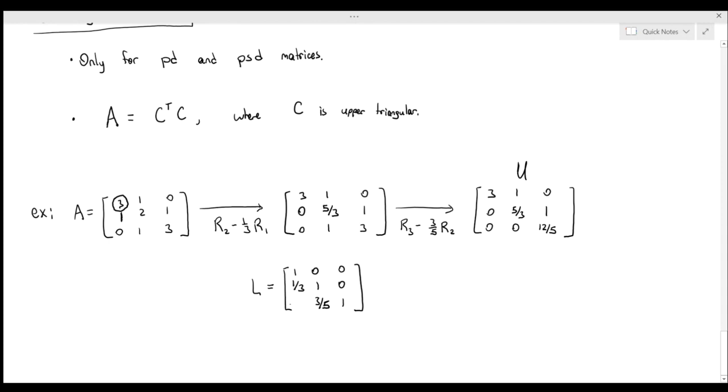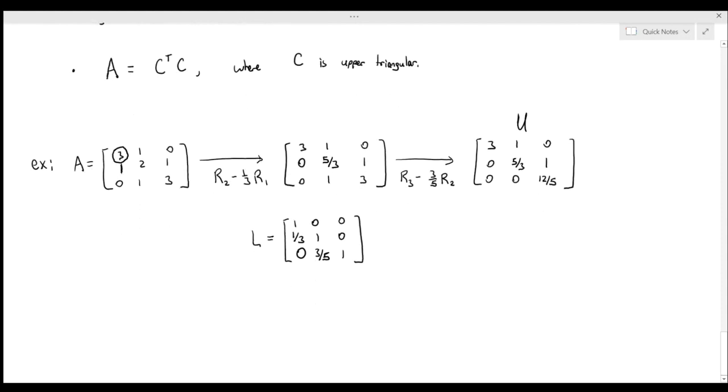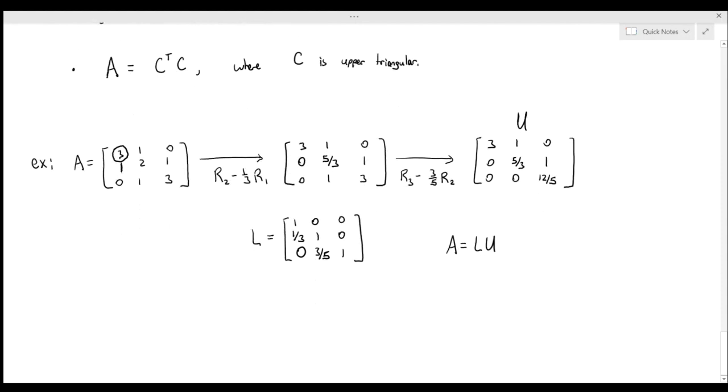And since I never did a row 3 plus or minus something row 1 operation, then I'll just put a 0 in this entry.